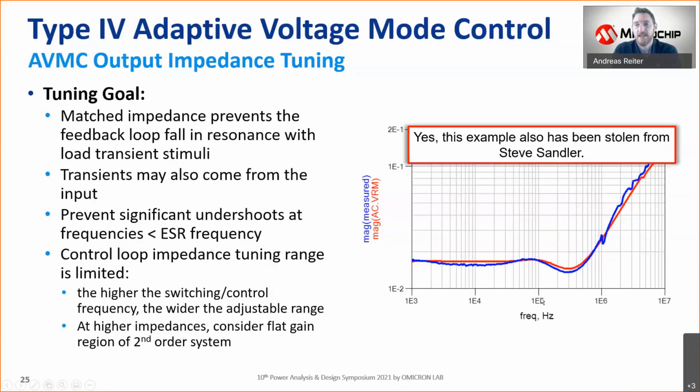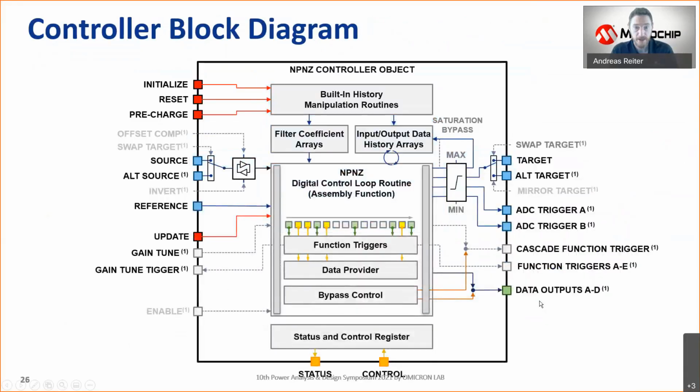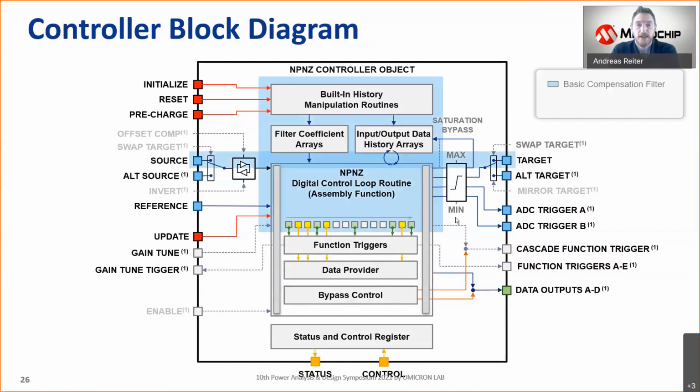Good. So the controller system we are using here looks like this. This is basically a block diagram of the software library we're using. We have a core piece which performs a classical type 1, 2, 3, 4, 5, 6 compensator.